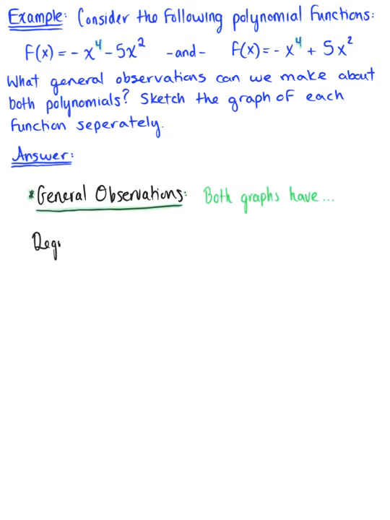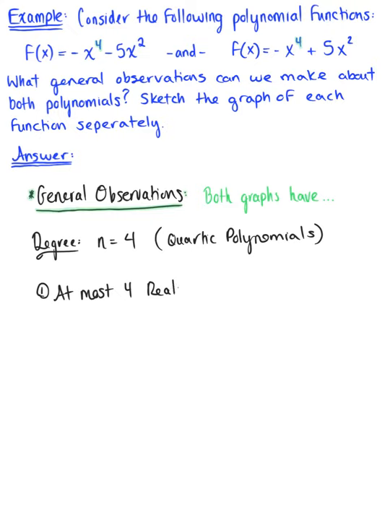Now we can make the following two conclusions about the graphs just based off of this degree. We can note that the graph of both of these polynomial functions will have at most 4 real zeros, which we know is equivalent to saying that the graph has at most 4 x-intercepts.